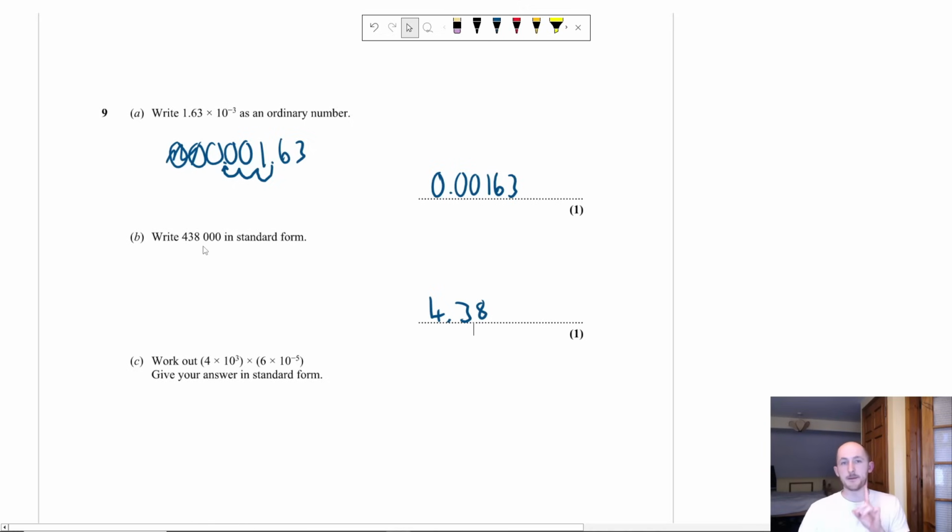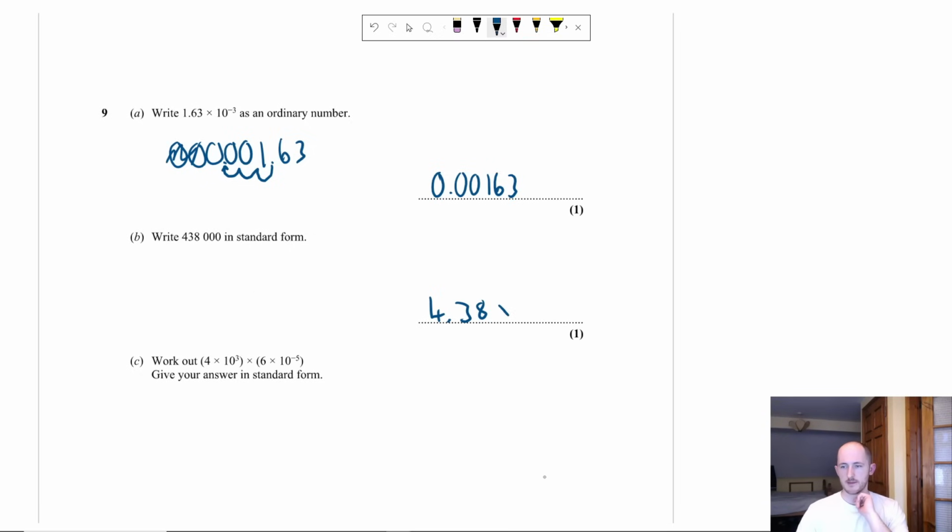Okay? Now keep in mind, if this was like 4308, I would do 4.308. So you go until there are no more numbers, okay? There has to only be zeros. So in this case here, can you see I have a 0, but I don't stop there. I go until the end of the 8.